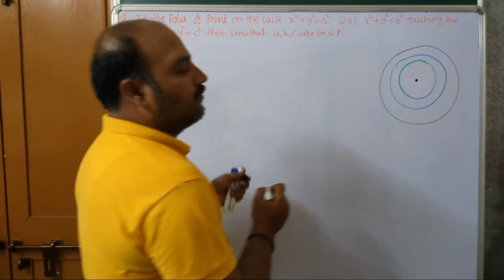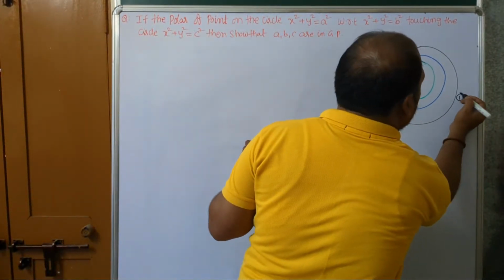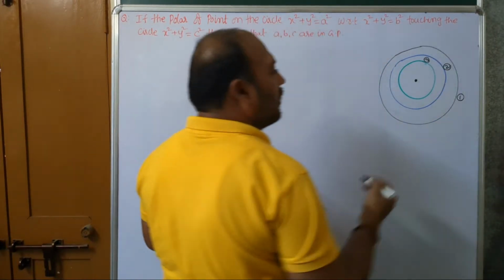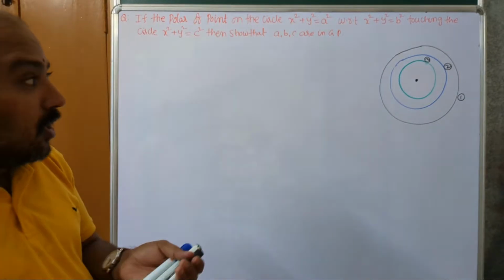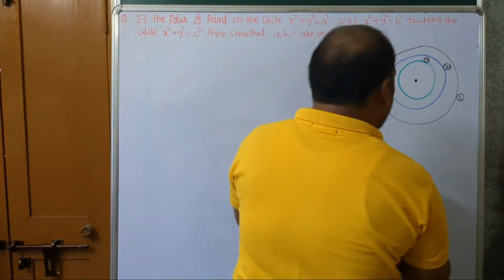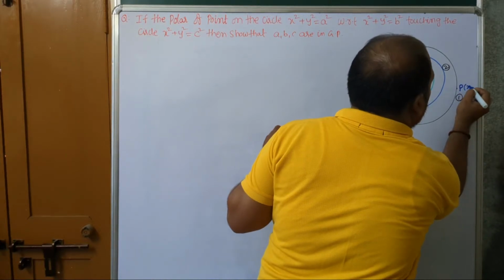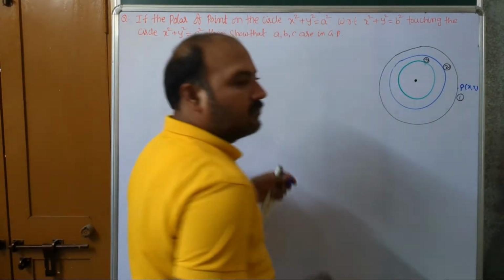So here, this is the first equation, this is the second equation, this is the third equation. The polar of point P, here I am taking the point on the first equation, x1, y1.